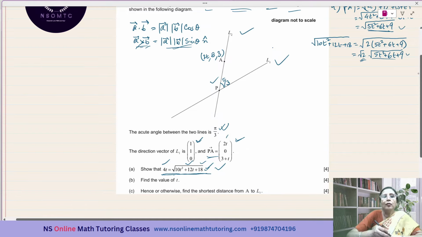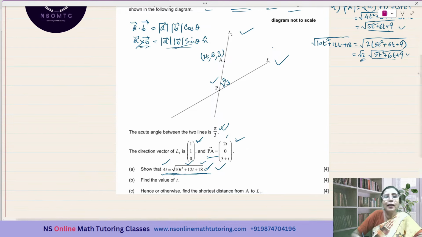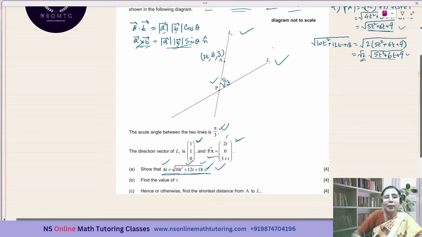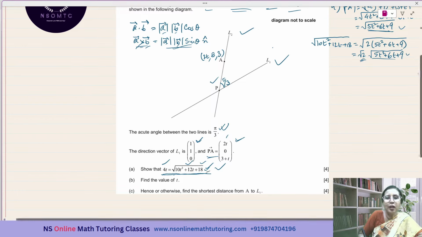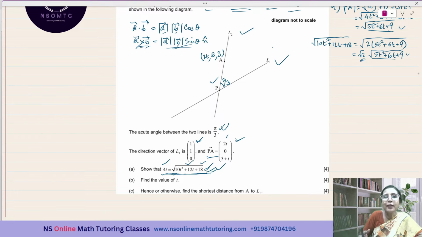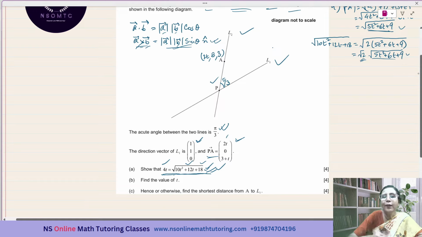Now, in both cases we see that the magnitudes get multiplied. But which one should we take, the dot product or the cross product? We will take the dot product because the equation does not have any vector in it, and if we go for the vector product, we will invariably have a vector.